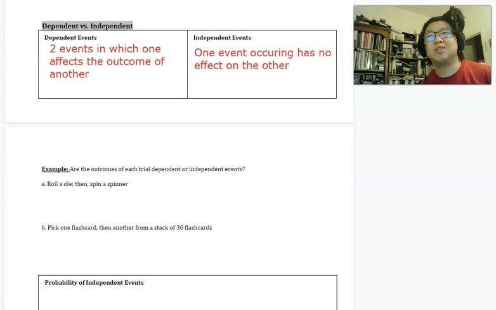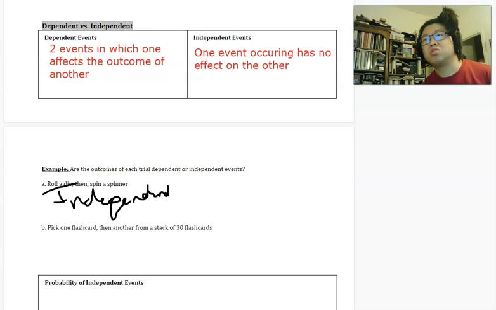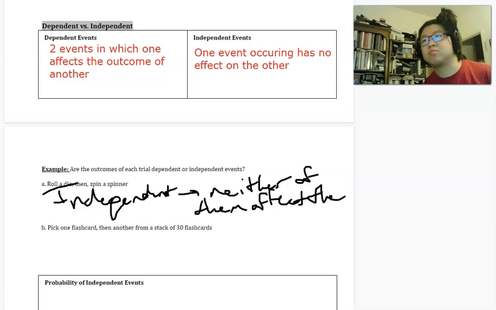I don't think so. These are independent because neither of them affects the other.